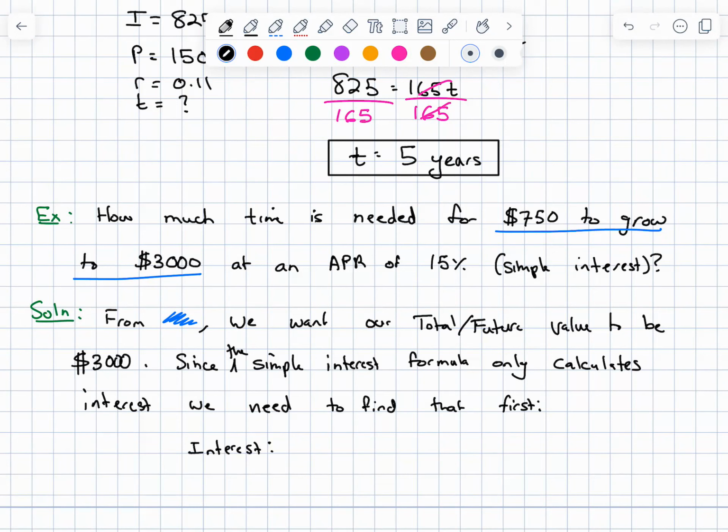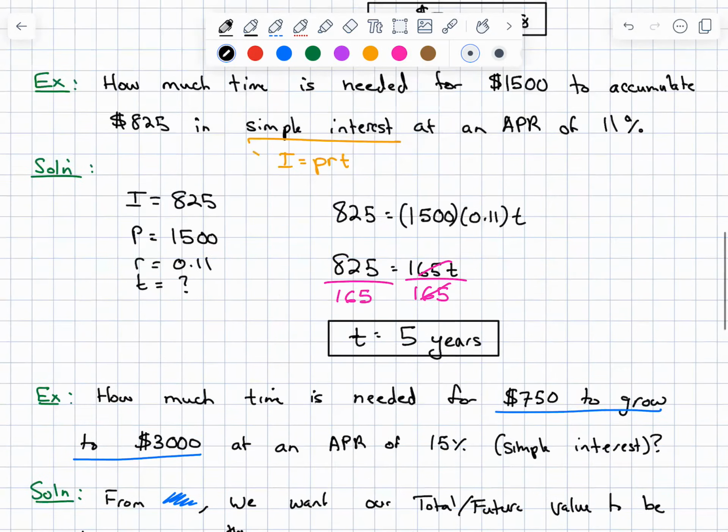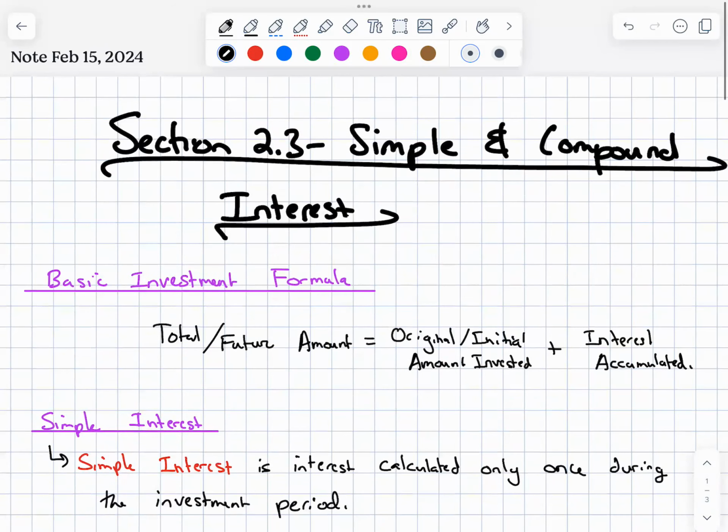Total amount is equal to, don't worry, I'm going to come right back to this. If you're not finished writing, it's not a big deal. The total amount in your investment is equal to the original amount invested plus the interest. Another way to write this is to say the interest is equal to the future amount minus the initial amount.